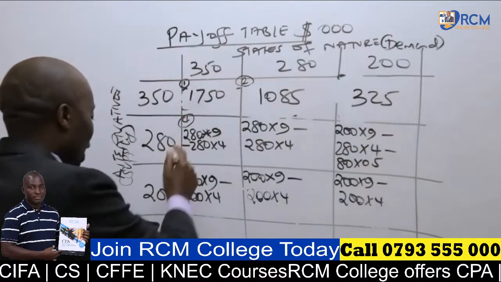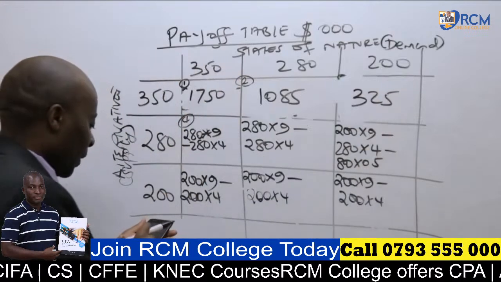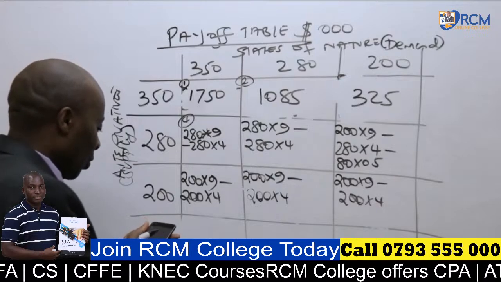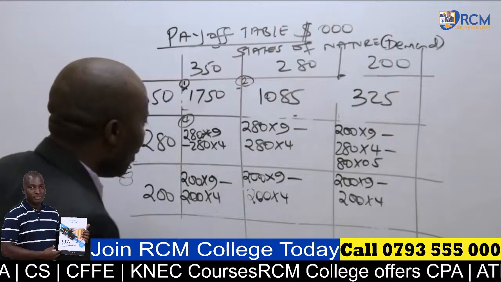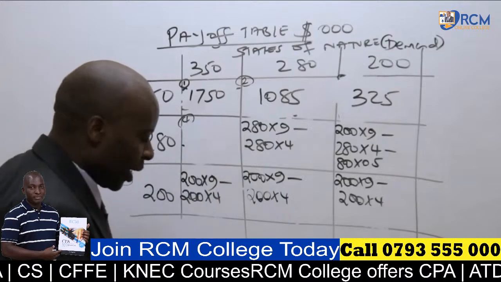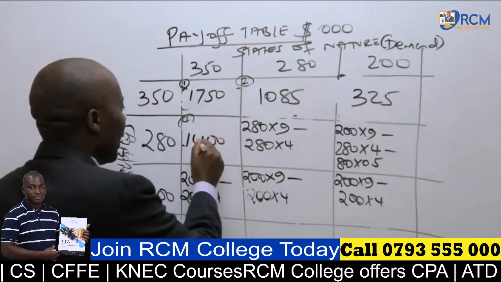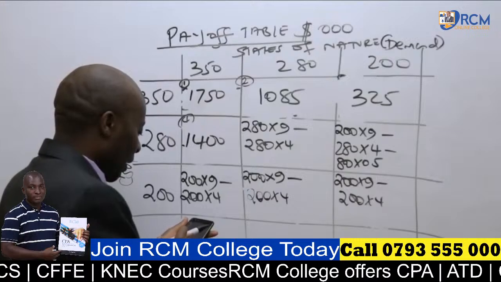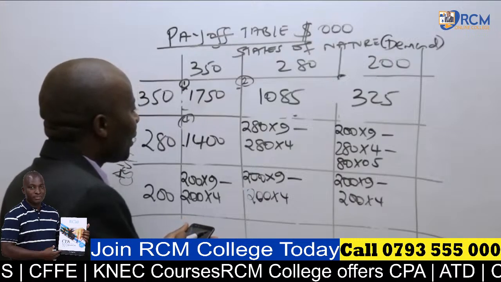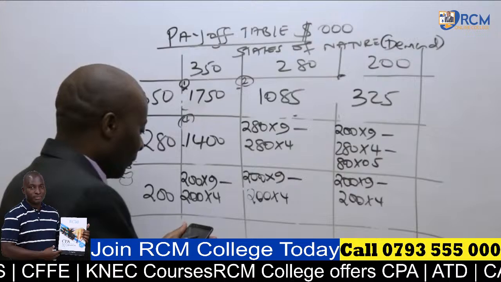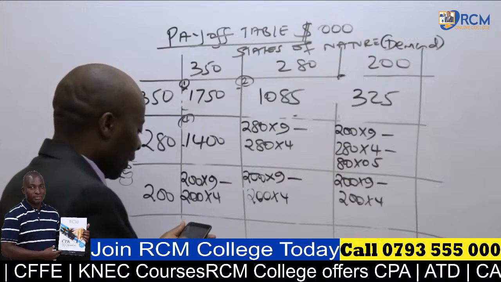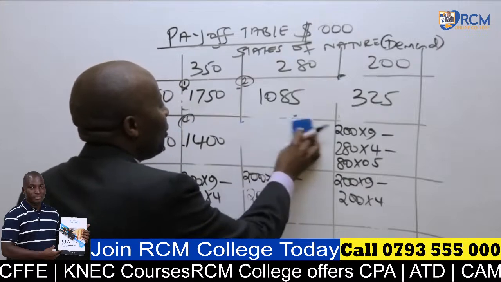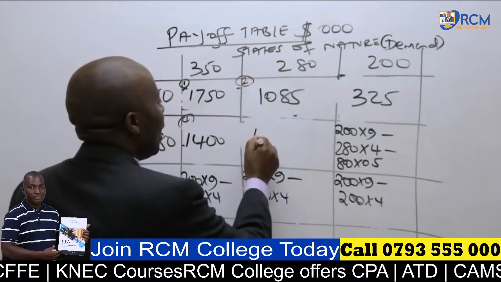So come there, 280 times 9 minus 280 times 4, which at the end of the day will give me 1400. So we have here 1400. Go to the next one, 280 times 9 minus 280 times 4, which at the end of the day gives me 1400 as well. So I have 1400 there.